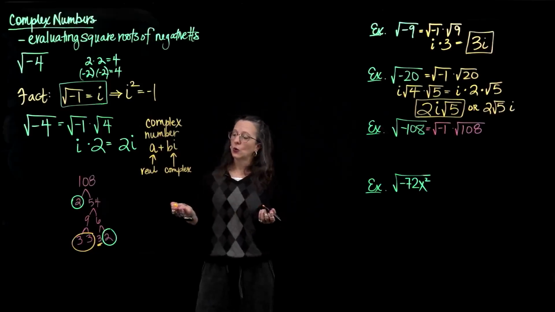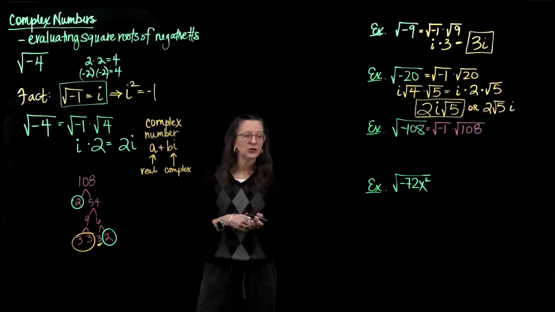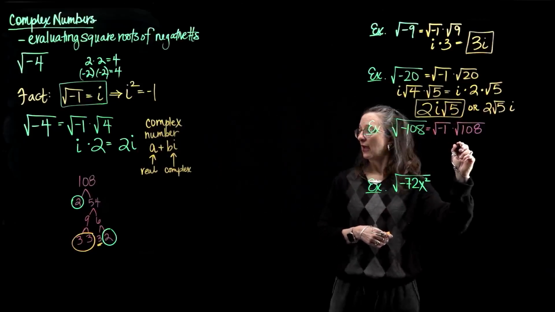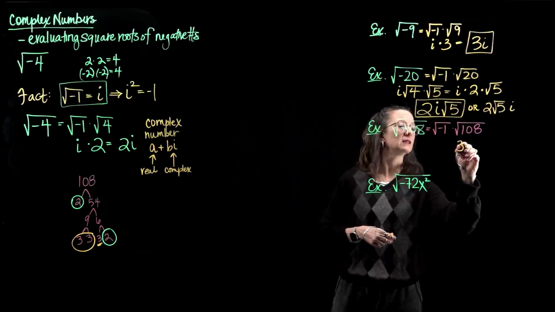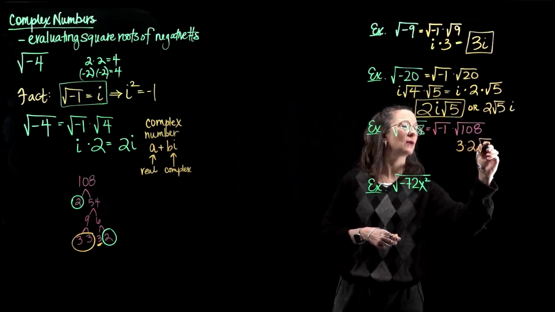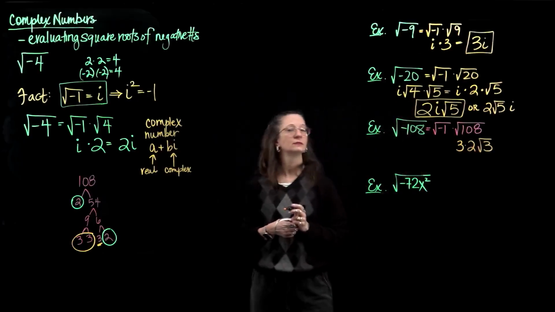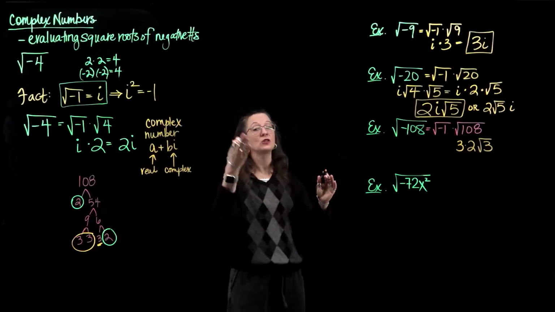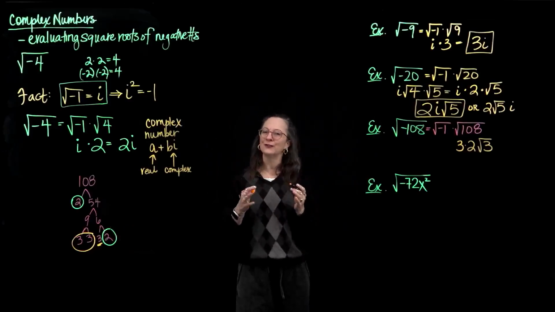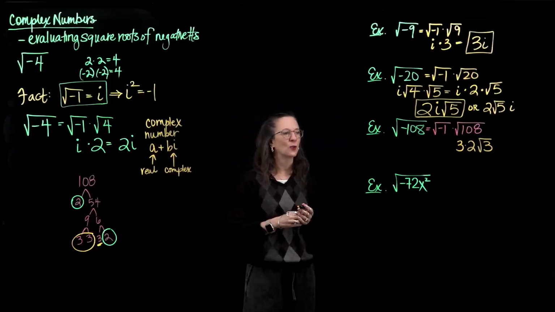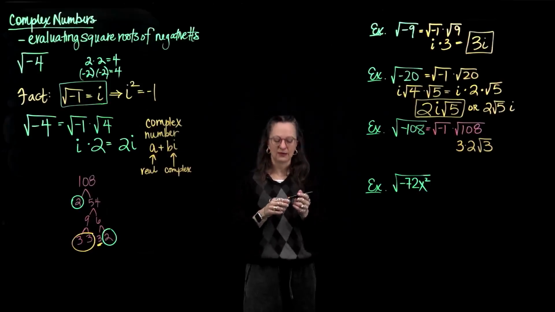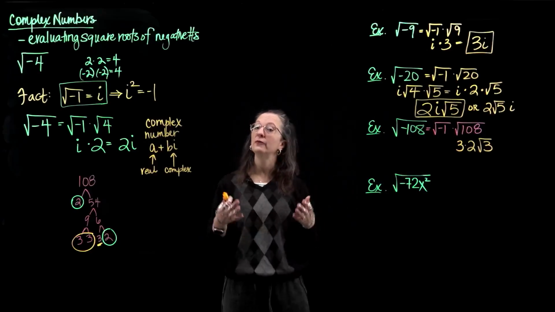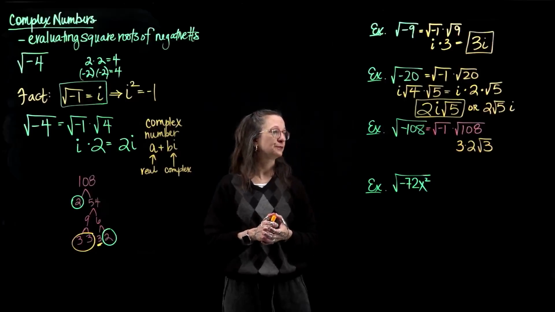Okay, so in place of square root of 108, I'm going to rewrite this as 3 times 2 square root of 3. Now, if this felt unfamiliar, please go back to the video of an alternate method for evaluating square roots. And I tend to use that method when the numbers are larger, or there's not an obvious perfect square factor.